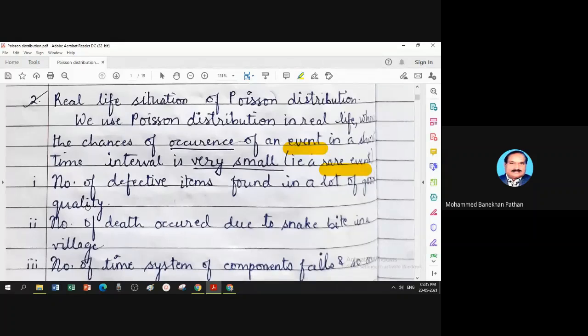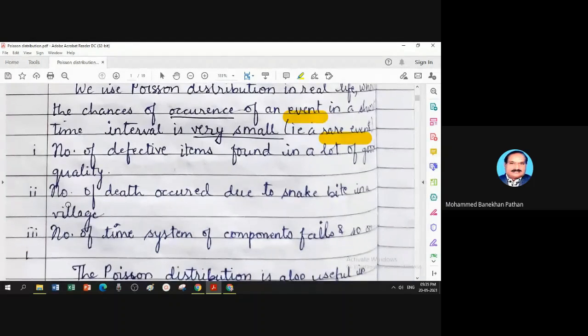That means we have a production process which produces items with a good quality, so having a defective is a rare event. In such a situation, you can apply the Poisson distribution.